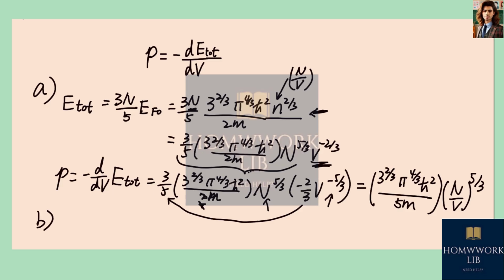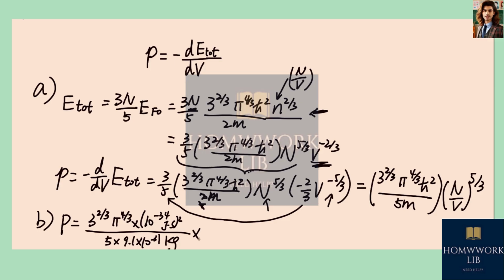For part B, we want to evaluate this pressure for copper, which has a concentration of 8.45, so that's small n, 8.45 times 10 to the 28. Okay, so let's calculate it. P equals (3π²)^(2/3) times 4 times the reduced Planck constant, about 10 to the negative 34 joule second, squared, over 5 times the mass of the electron, 9.1 times 10 to the negative 31 kilogram.